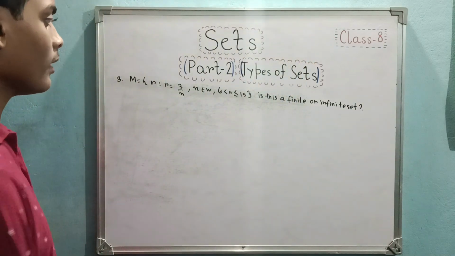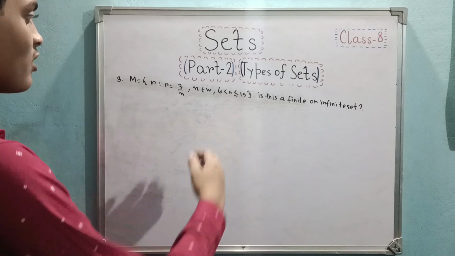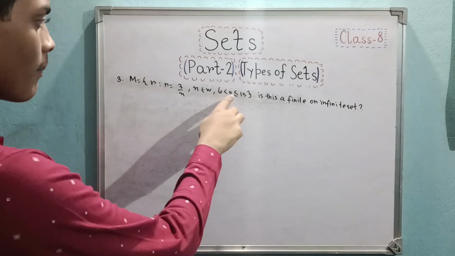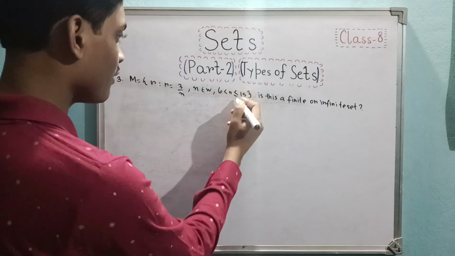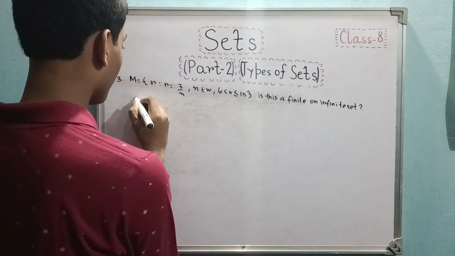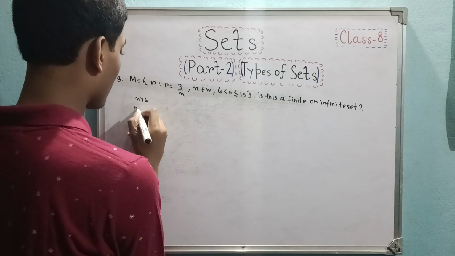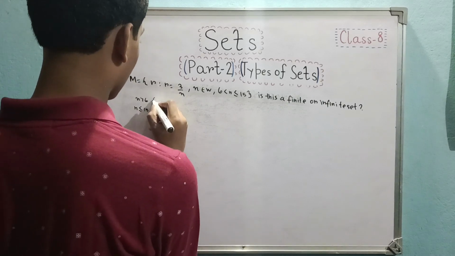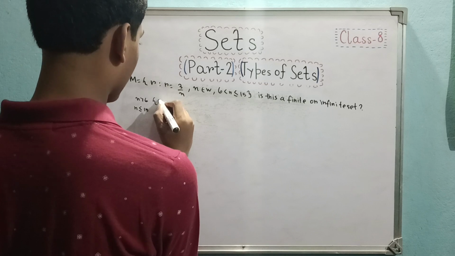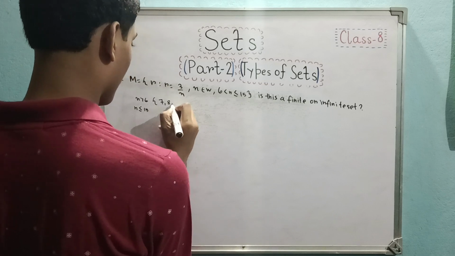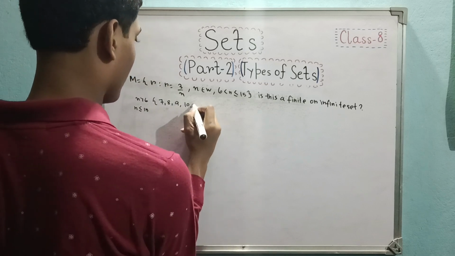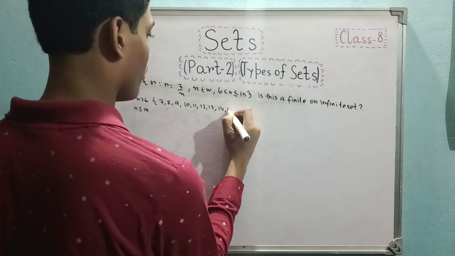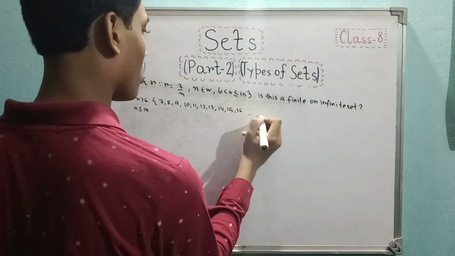Now guys, you can do it by just checking one value after the other. Here we have 6 less than N, meaning N greater than 6, and N less than or equal to 15. For N greater than 6 the values are 7, 8, 9, 10, 11, 12, 13, 14, 15, 16, and it keeps going on, endless.